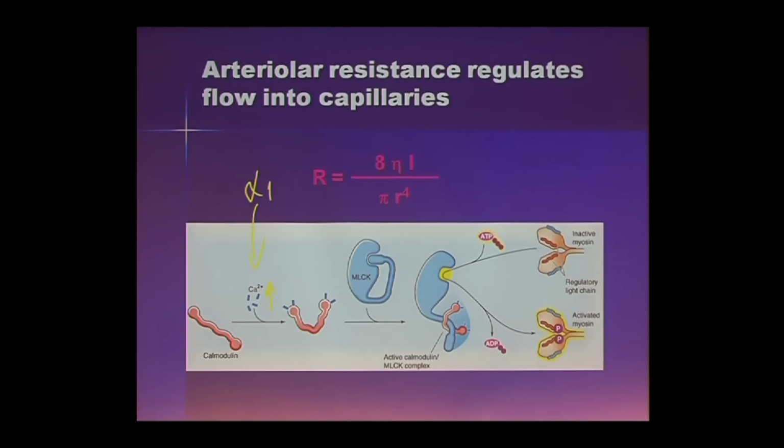This calcium binds to calmodulin and opens up its active site, and then that calmodulin-MLCK complex phosphorylates your inactive myosin. Once it's phosphorylated, you see those two P's? Now it can bind to actin and cause contraction. There's something called myosin light chain phosphatase, and beta-2 receptors activate this phosphatase, which removes these phosphates and inactivates contraction. So that's what the beta-2 adrenergic receptor does.